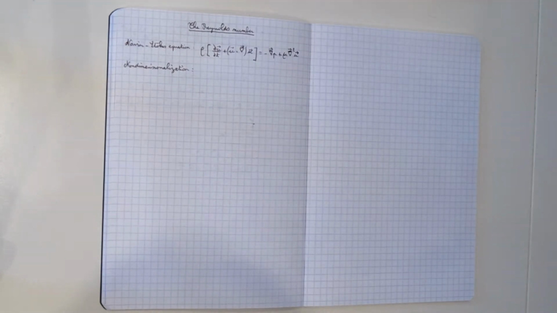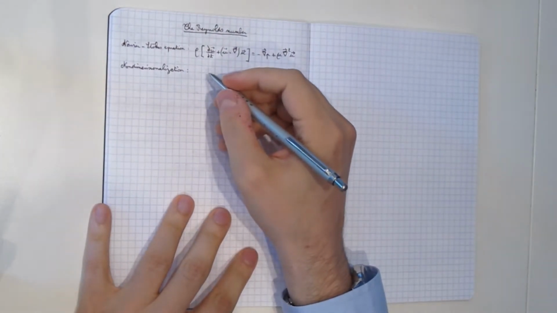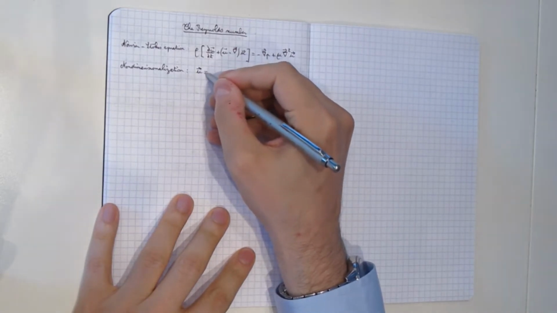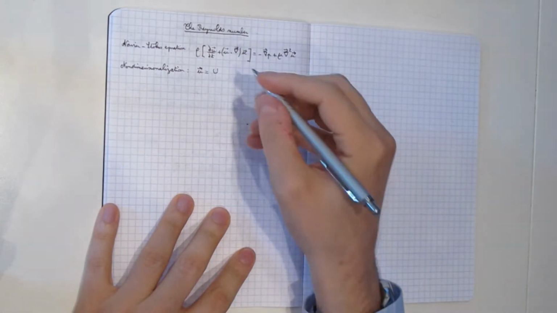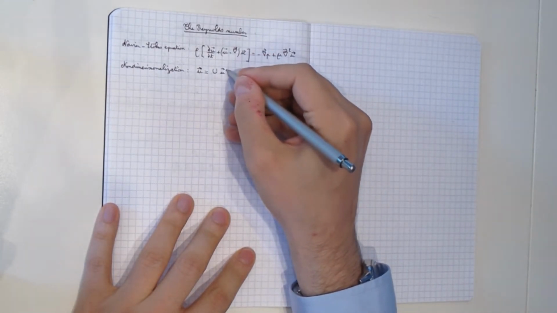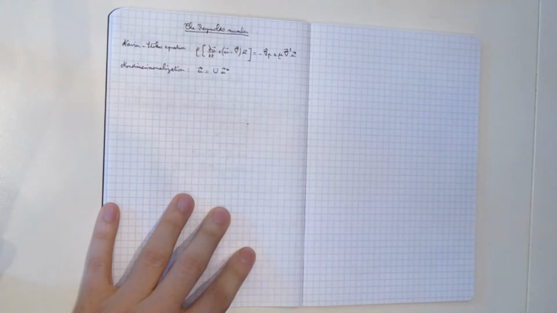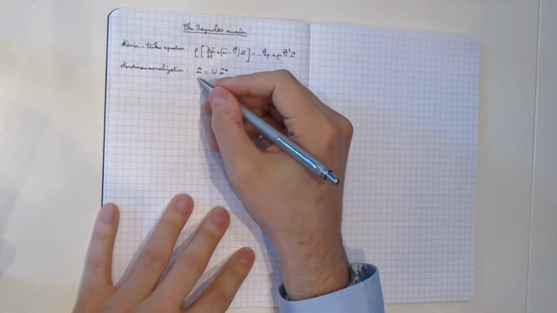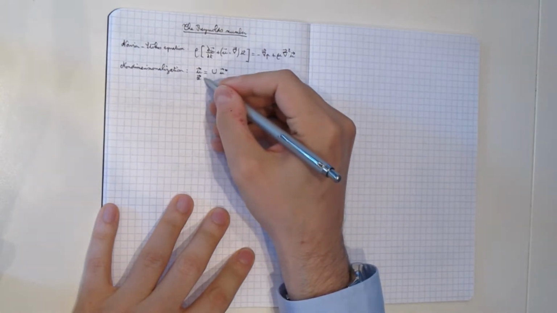And for this non-dimensionalization, we are going to be remaining quite vague, saying that the velocity will be scaled according to a velocity scale, capital U, and that u star is going to be our rescaled velocity, our non-dimensional velocity. We are going to do the same for the position vector x.